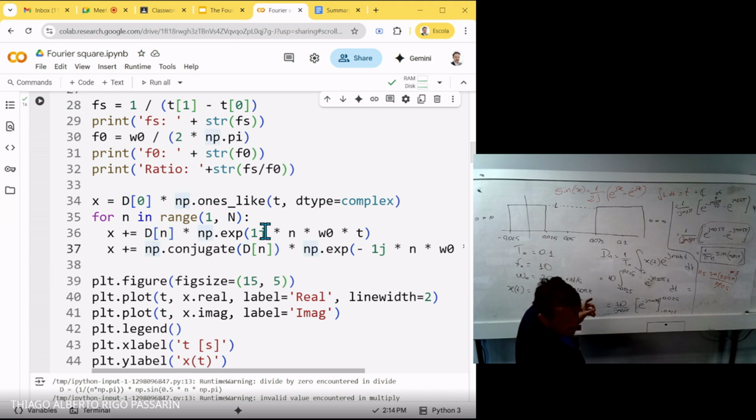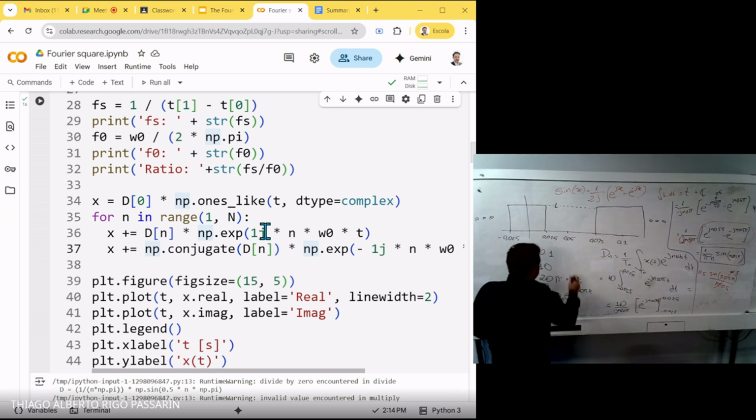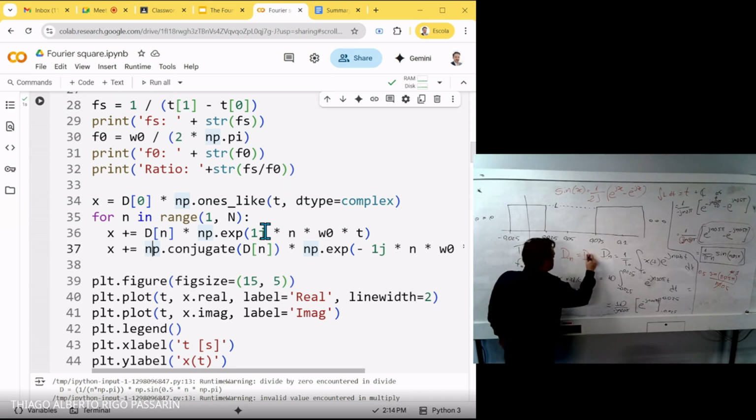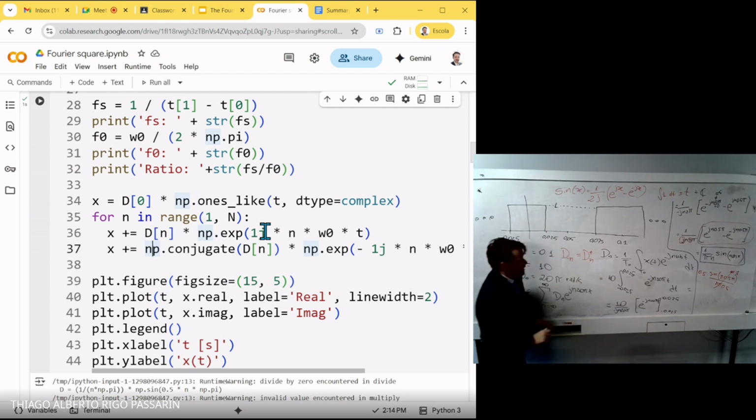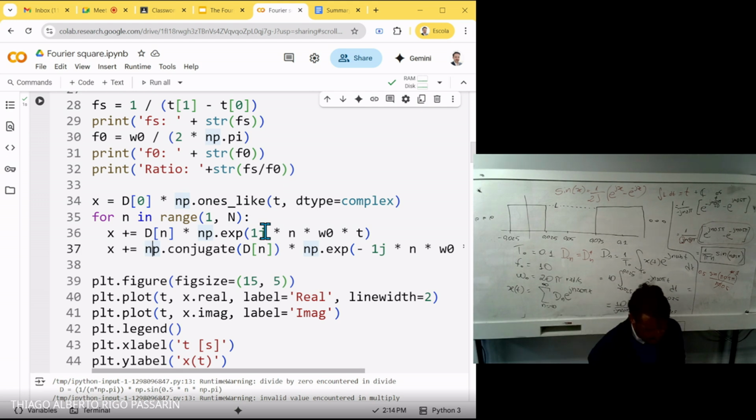Then inside the summation, I sum the negative dn and the positive dn, and their complex conjugates. We will come to this property in a few minutes: dn for a negative n is the complex conjugate of the positive dn, if the signal is real. Our signal is real, so I don't have to compute it twice.